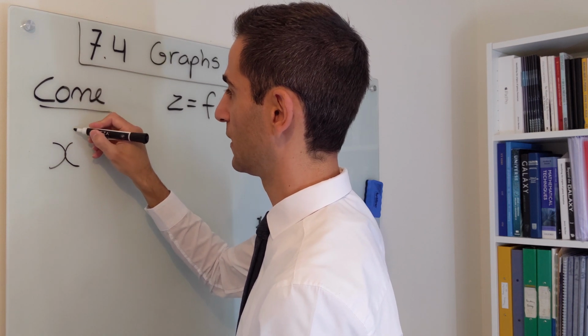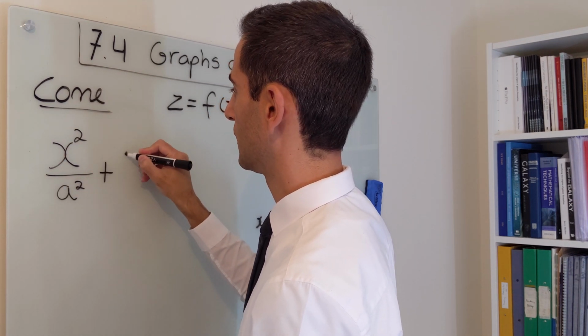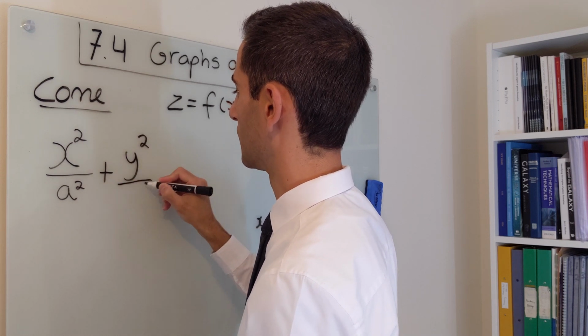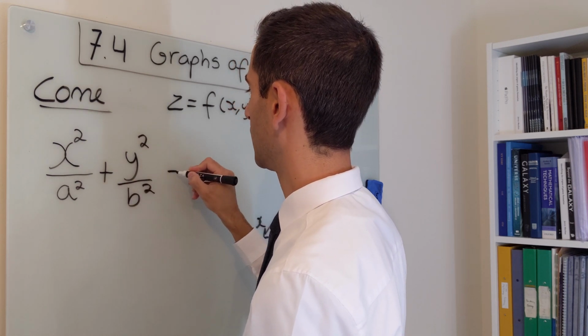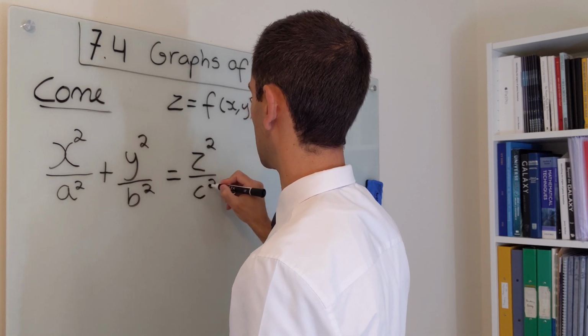You can write x squared over a squared plus y squared over b squared equals z squared over c squared.